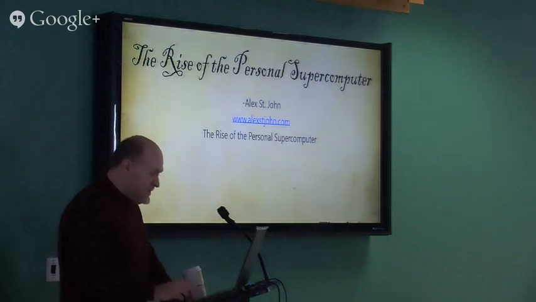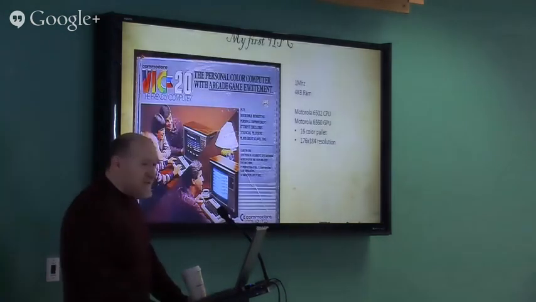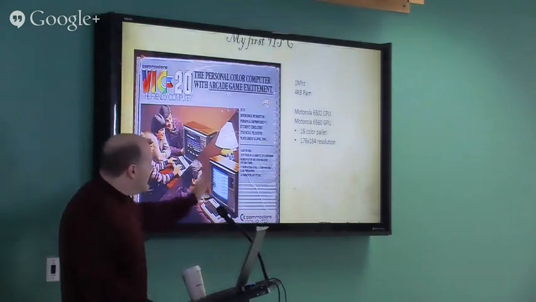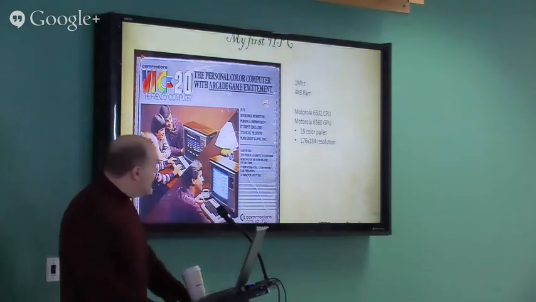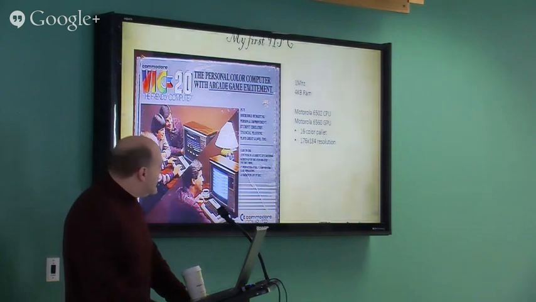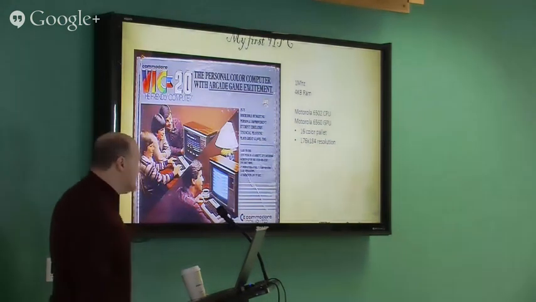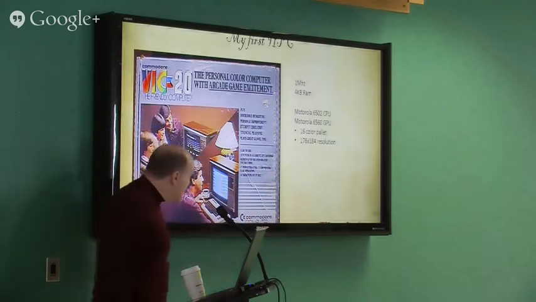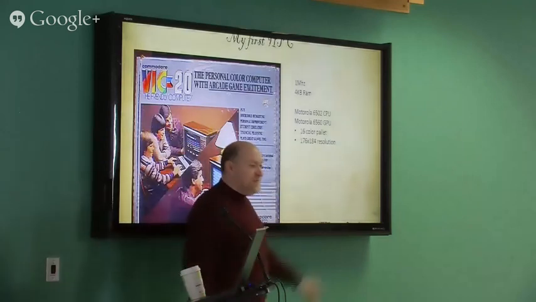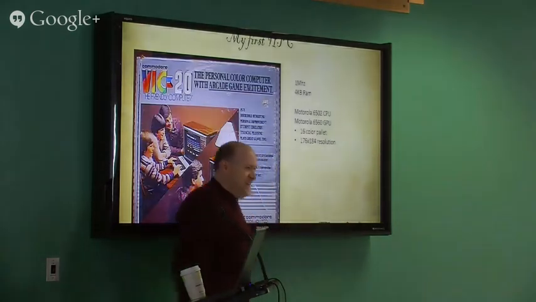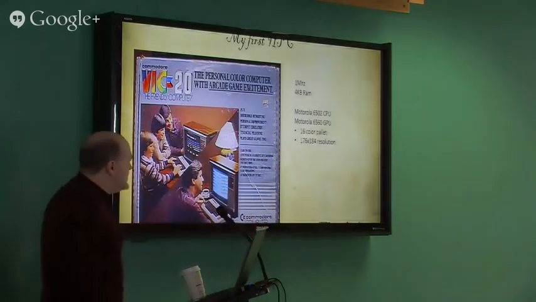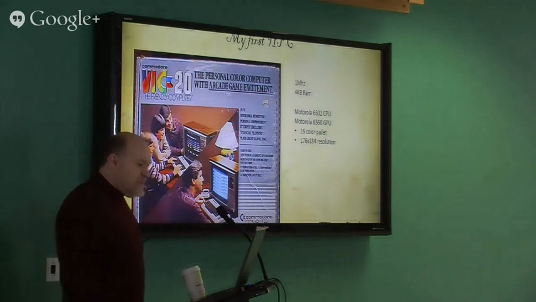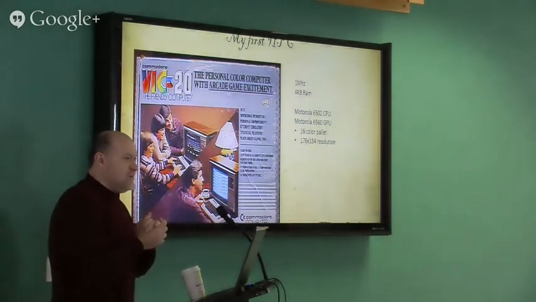My first personal computer was the Commodore VIC-20. This was my baby. And I jacked this thing up. See, that was the default configuration. I jacked it up to 24K of RAM. So I had the coolest computer in the neighborhood even then. This was my first heterogeneous parallel processing computer because, of course, it had the 6502 CPU and the Motorola 6560 GPU, which was capable of 16 colors and an incredible 176 by 184 resolution.